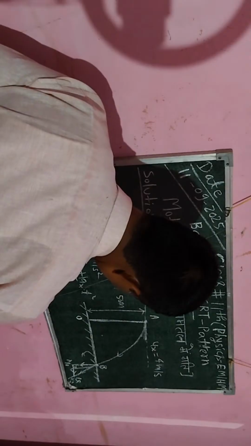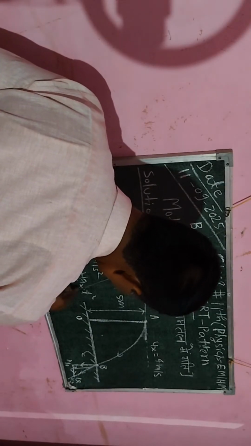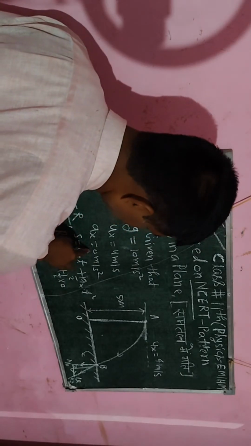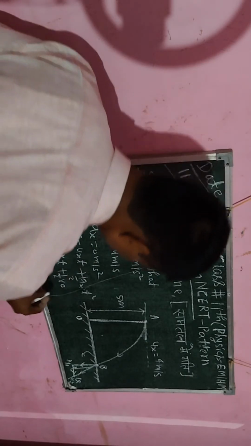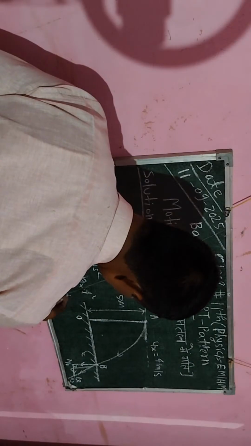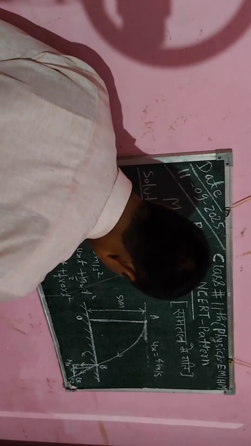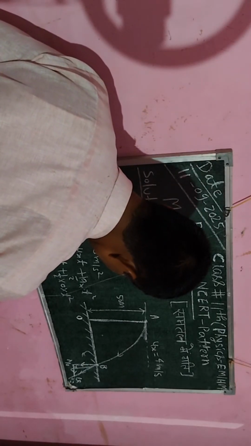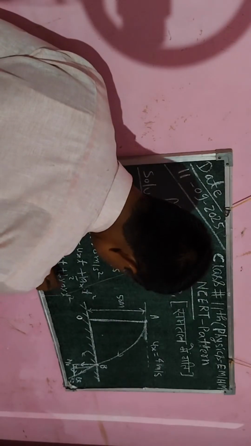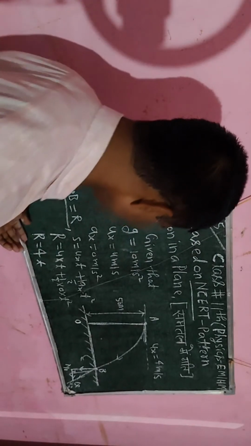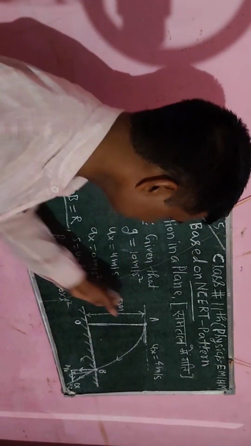Now 1 by 2, and the value of ax is 0 because along the x-axis the acceleration is 0, into t square. Now if I multiply any term with 0, that term will be 0. So R is equal to 4 into t. Okay, now further I have to calculate the value of t because this height is given.